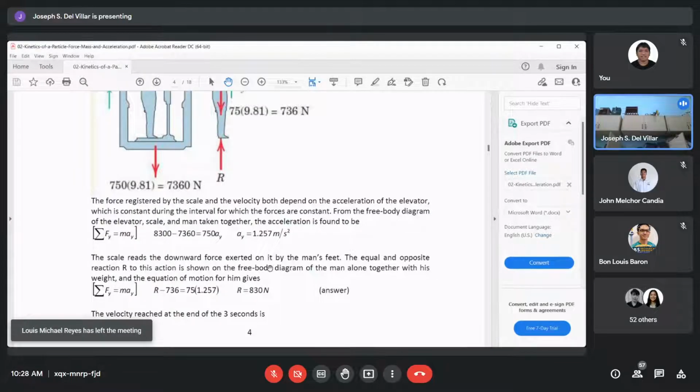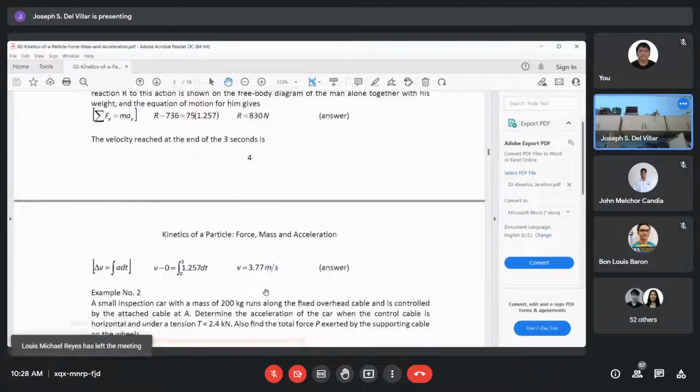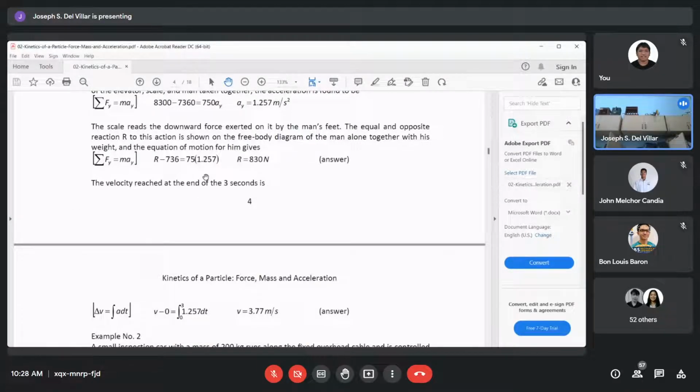So, yung 1.257 can be used here, no? Dito sa acceleration along the y. Iisa lang naman yung acceleration. Okay? Because the man and the scale are inside the elevator, and together with the elevator, they are all accelerating at the same value.